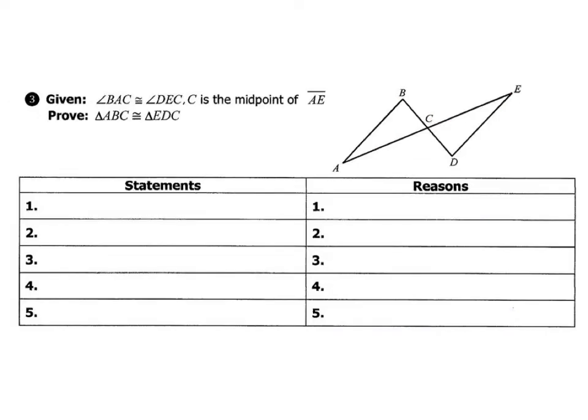Alright, proof number 3. Now we're not given any statements or reasons, so we've got to fill this one in ourselves. So always start with the given information. We're given that angle BAC is congruent to angle DEC. That's a given piece of information, and then we want to mark it on our diagram.